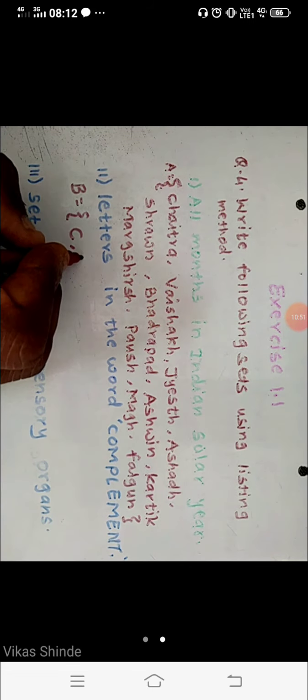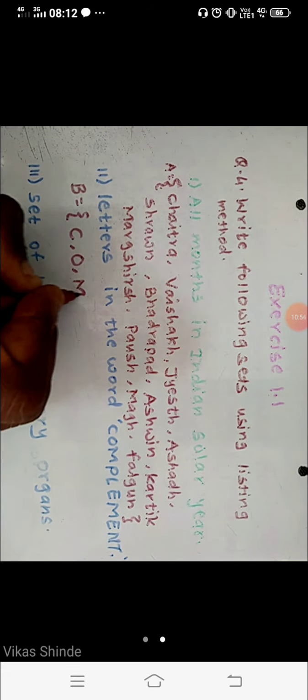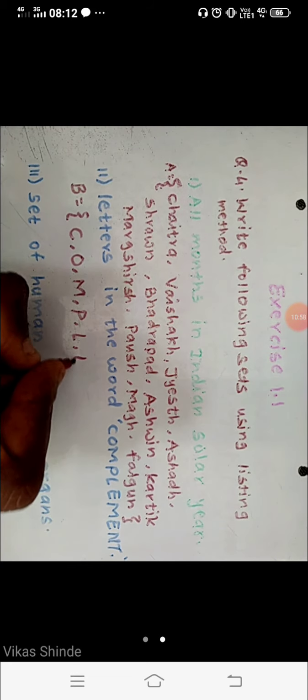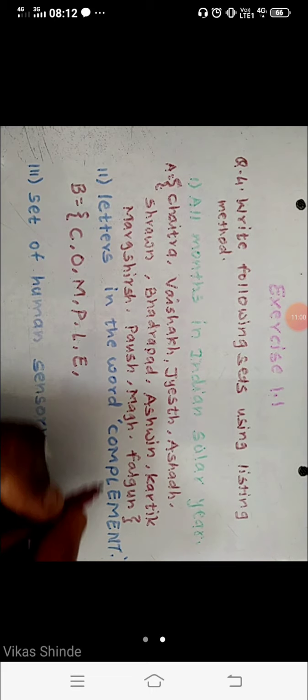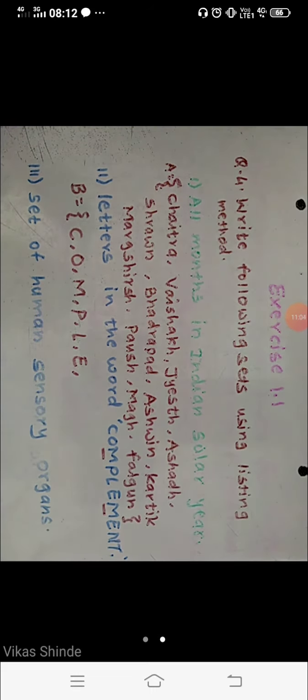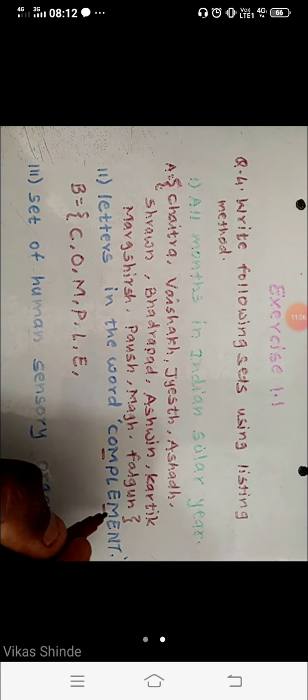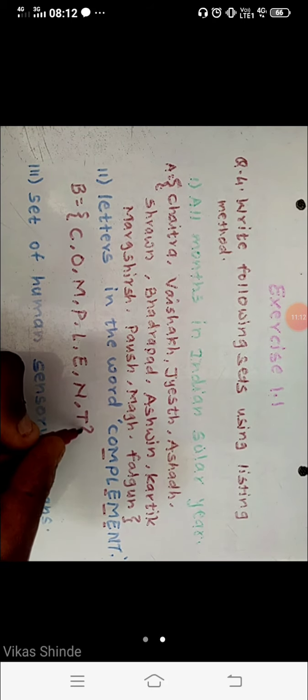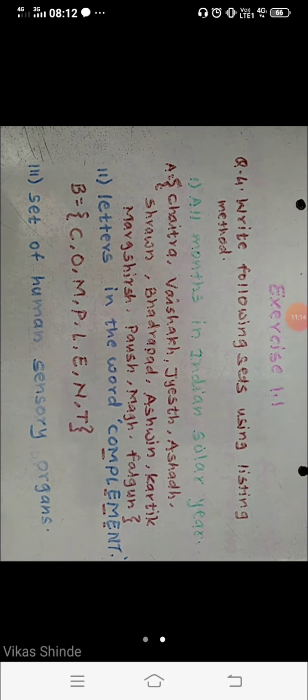C, then O, then M, then P, then L, then E, then M. M is repeated here and here. No need to repeat that M. So after E, M, E is also repeated here and here. So then write N and then finally T. Complete the bracket. This is list method here.